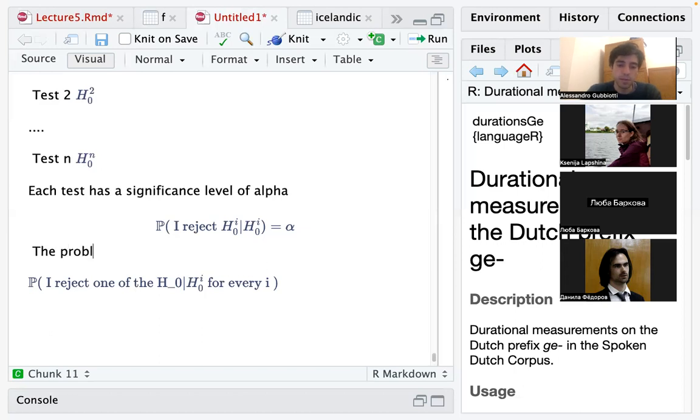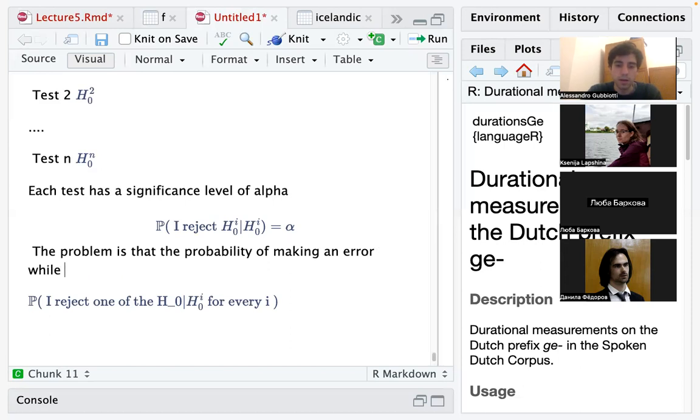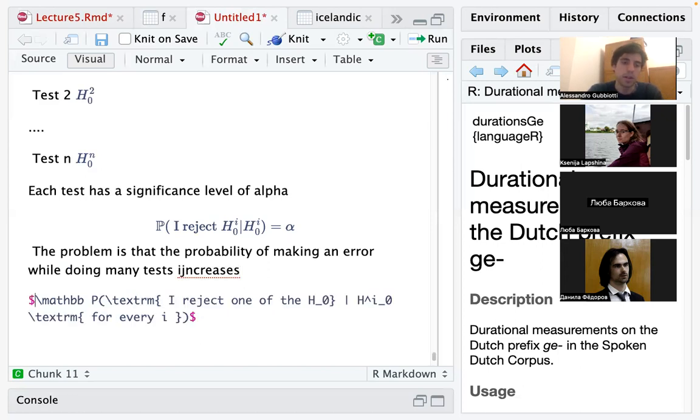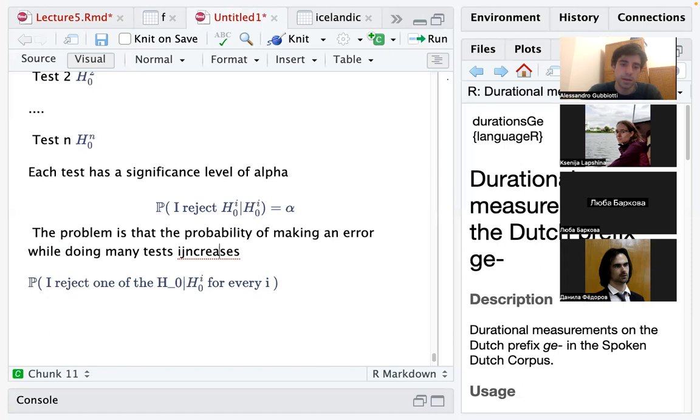The problem: the probability of making an error while doing many tests increases.